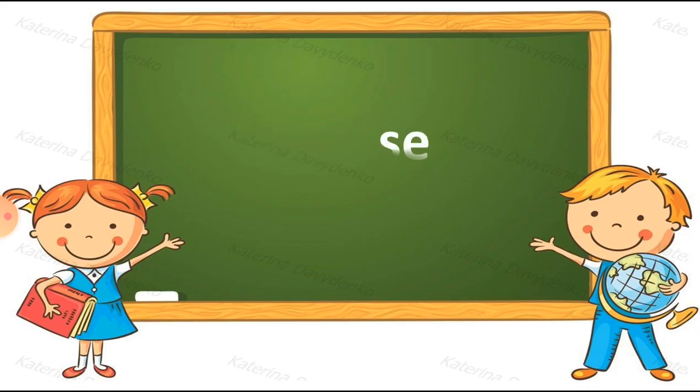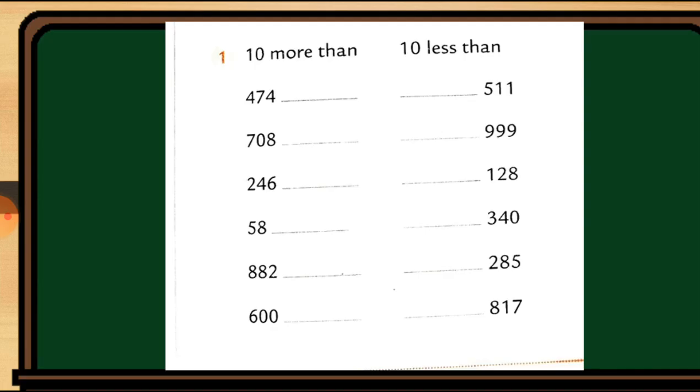So here is the exercise. Let's complete it. Let's solve it first. Here is 10 more than the number. Here we have to add 10, and here we have to cut 10.